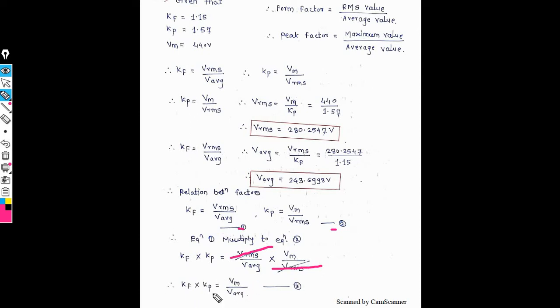That means the final relation between form factor and peak factor is Vm upon V average, that is, maximum voltage upon average voltage.